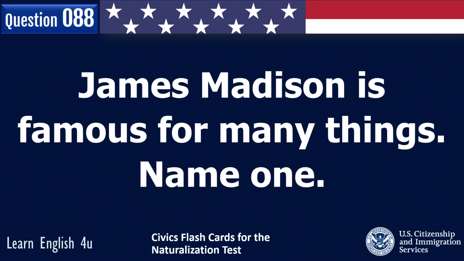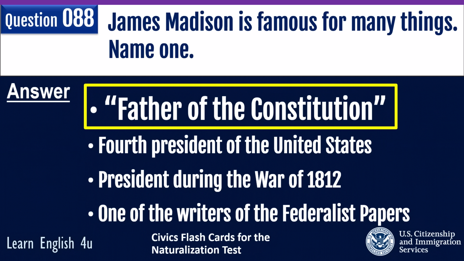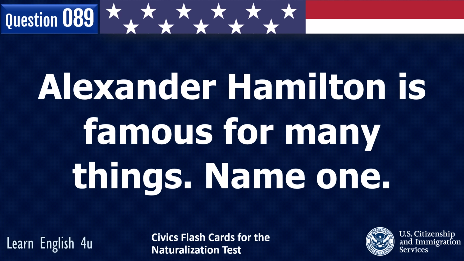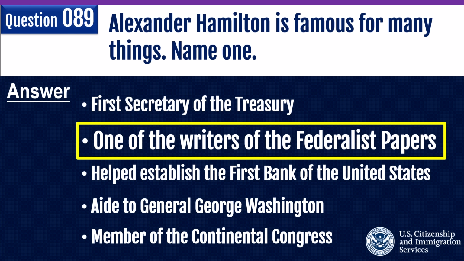James Madison is famous for many things. Name one. Father of the Constitution. Alexander Hamilton is famous for many things. Name one. One of the writers of the Federalist Papers.